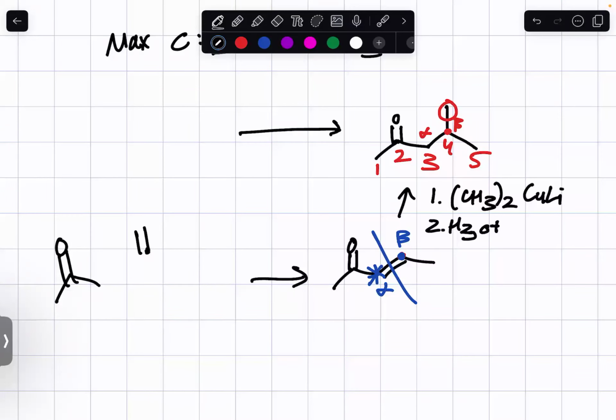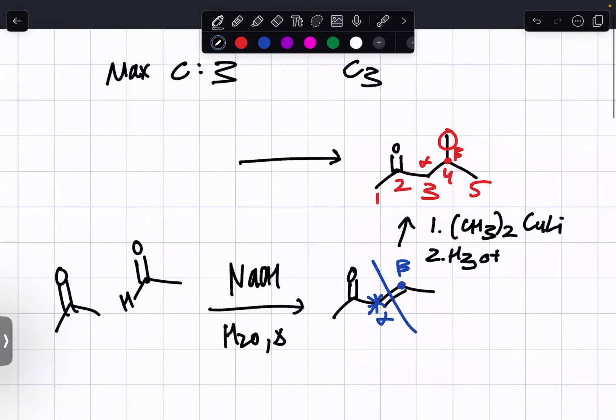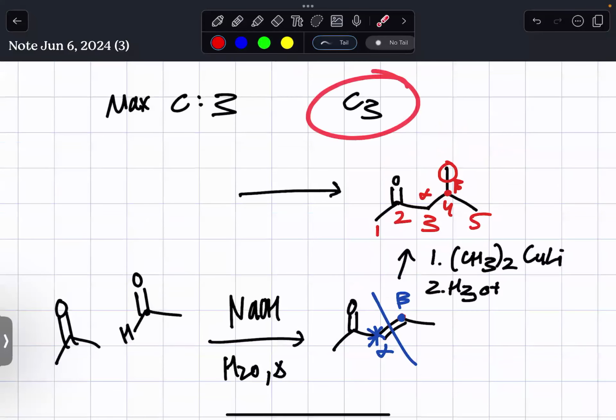That used to have a carbonyl because we know that was the electrophile, and then it has a methyl group and a hydrogen, right? So these are the starting materials that would create that enone using NaOH, water, and heat, right? And this fulfills the restriction because our starting material's max amount of carbons is 3: 1, 2, 3, like that, which checks out.